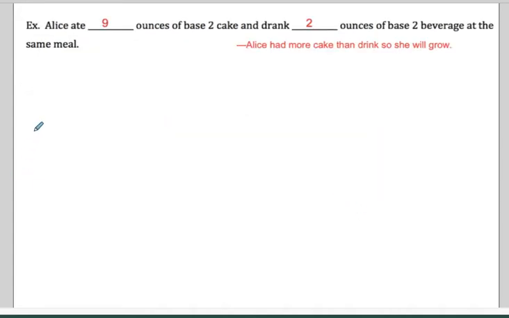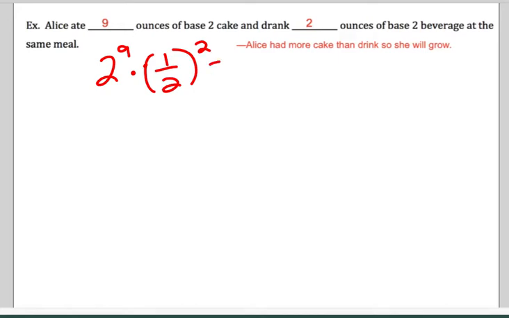Next example, Alice ate 9 ounces of base 2 cake and had 2 ounces of base 2 beverage. So 9 ounces of base 2 cake is 2 to the 9th power, and 2 ounces of base 2 beverage is 2 to the 2nd power.